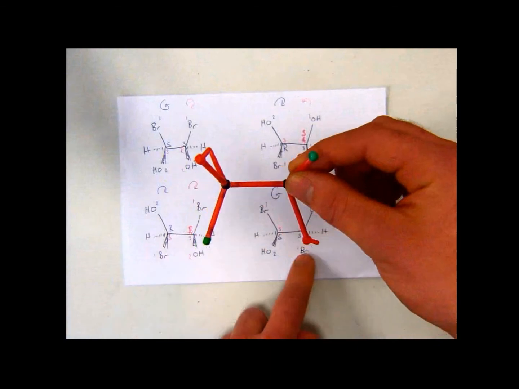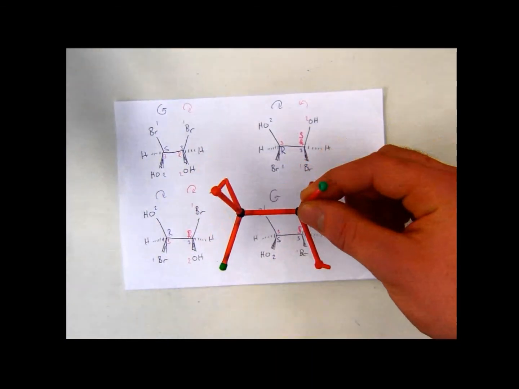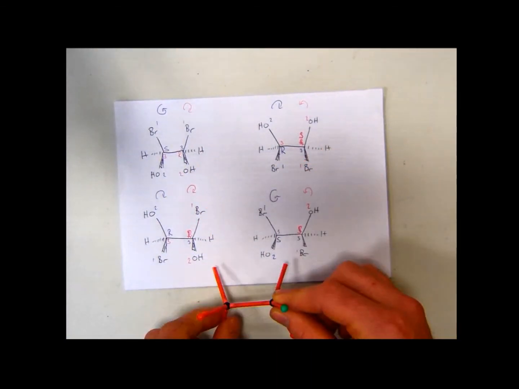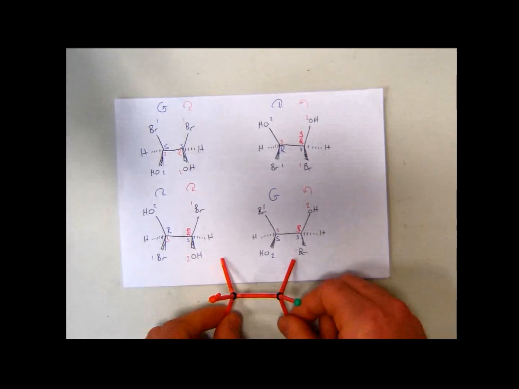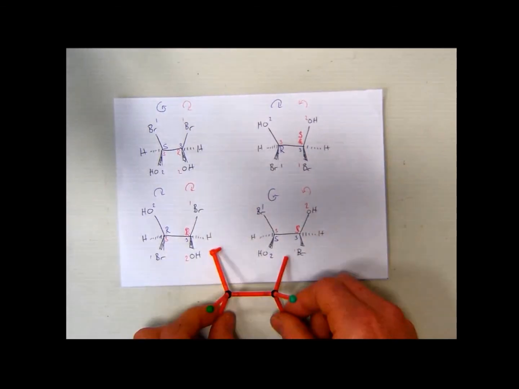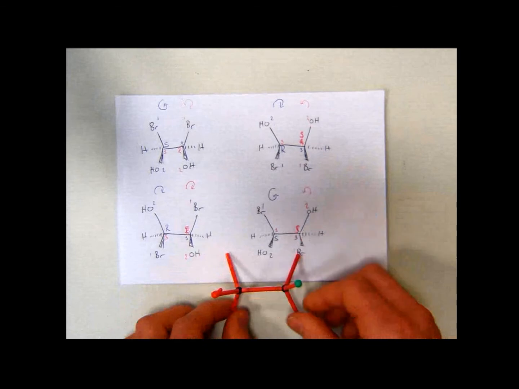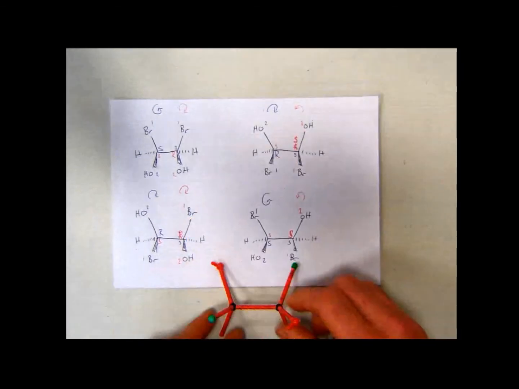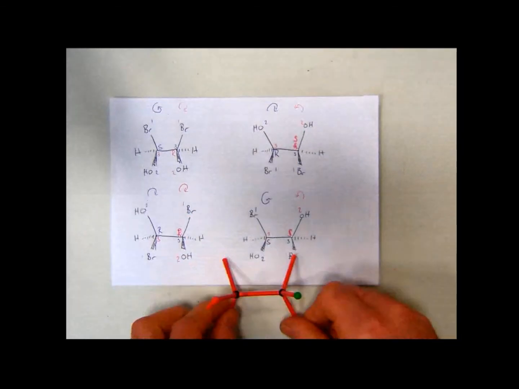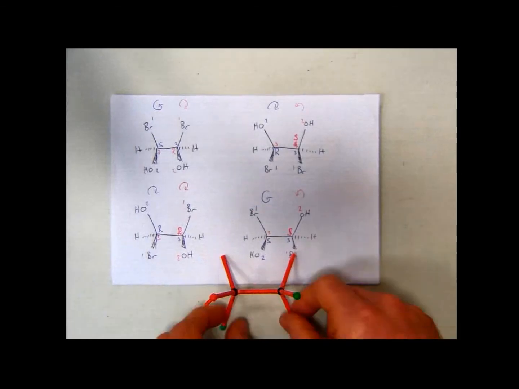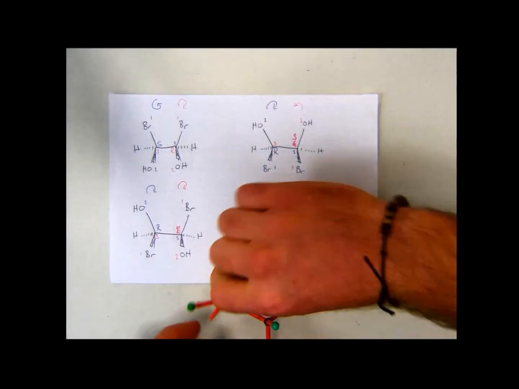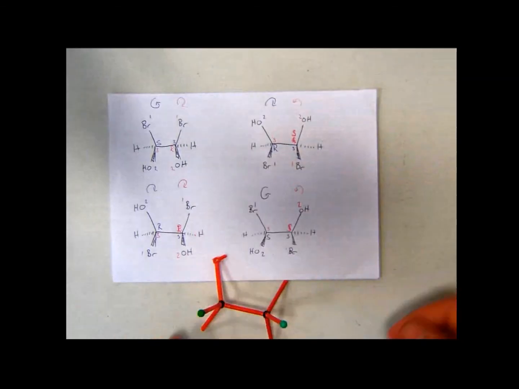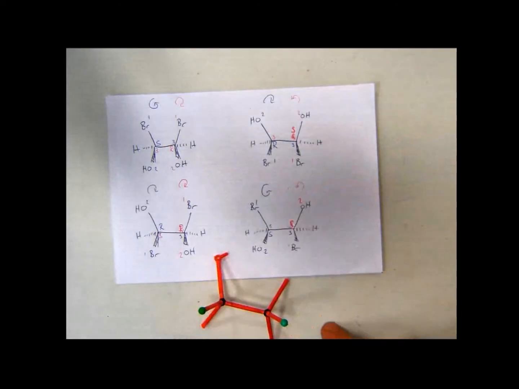If we try to make this into this model, we find that we can't. There is no possible way of rearranging the atoms to get both hydrogens at the back and a bromine on this side at the top with the hydroxy at the front.